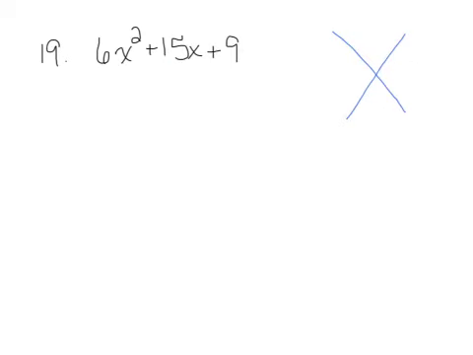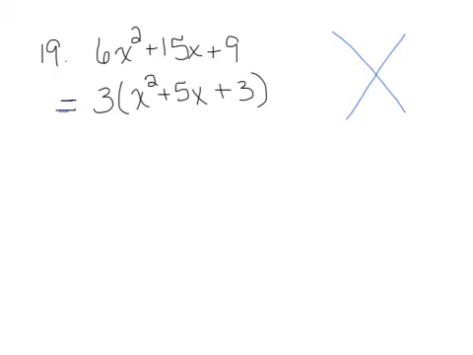In problem 19, I want to look at this and realize that I can factor out a 3. Get your greatest common factor factored out first so that we're only factoring a trinomial that has smaller numbers in it.